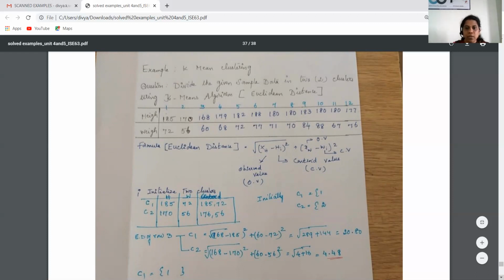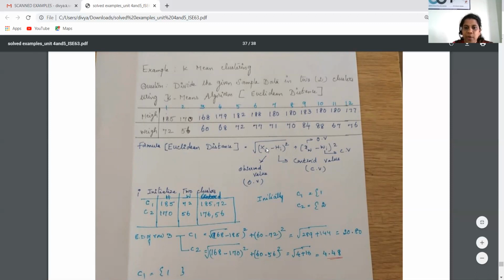Before that, we need to use the Euclidean distance formula, that is the square root of (xh minus hi) whole square plus (xw minus wi) whole square. We'll see how this formula works out in the problem.